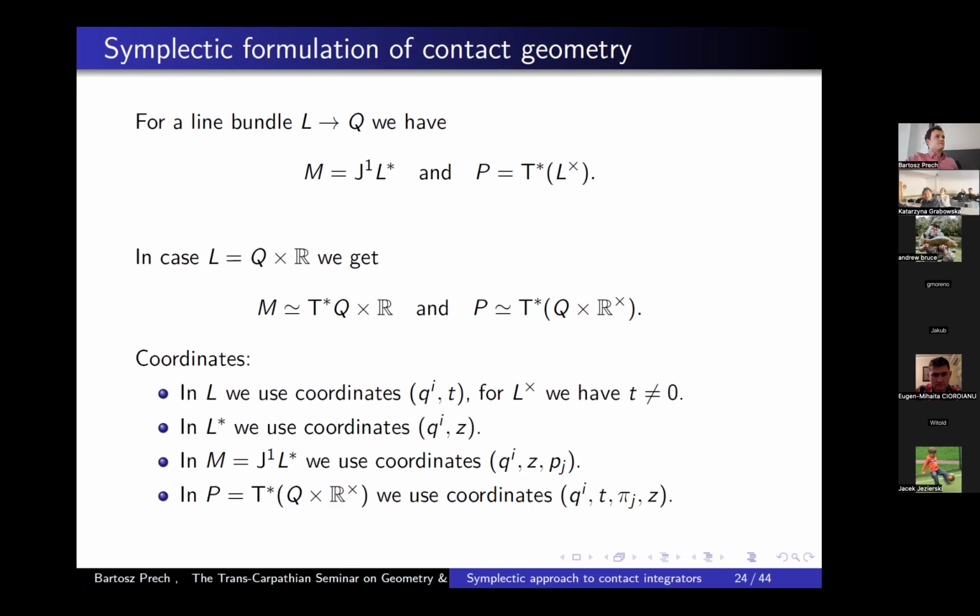If the bundle is trivial, you can obtain a homogeneous function upstairs just by multiplying functions on the base by S. But if the bundle is non-trivial, you cannot obtain homogeneous functions out of a function on the base.